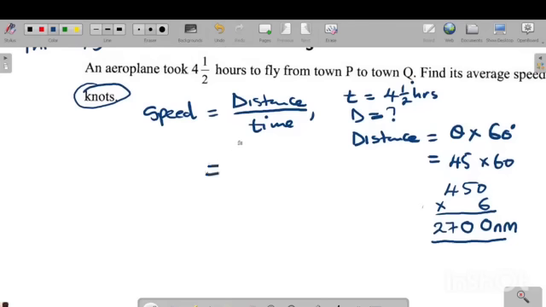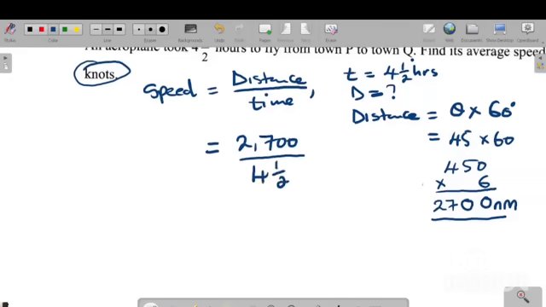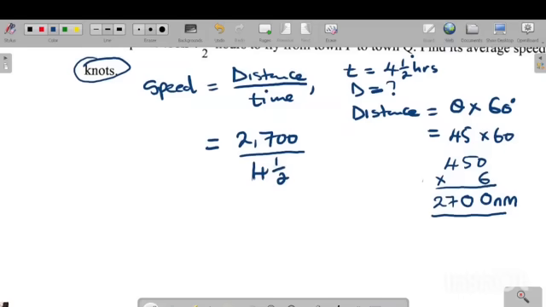So we are going to have distance 2,700 divided by time. Time is here 4.5 hours. Okay, so here you just have to change it into an improper fraction. So we are going to have 2,700 over 4 times 2 is 8 plus 1 is 9 over 2.